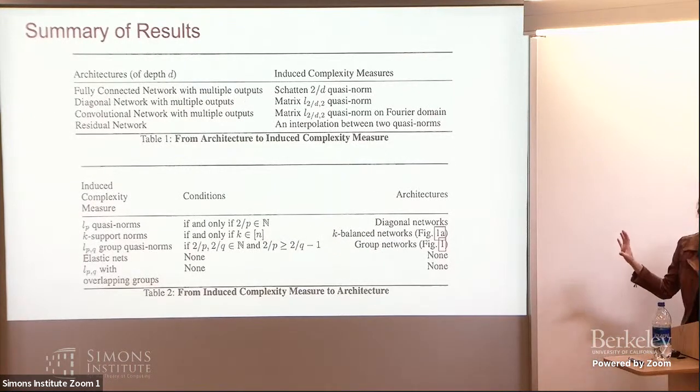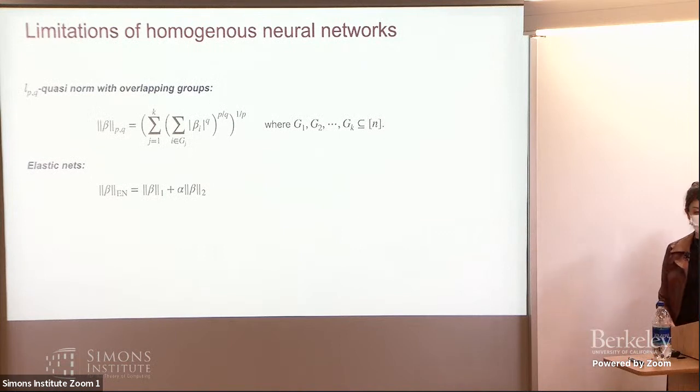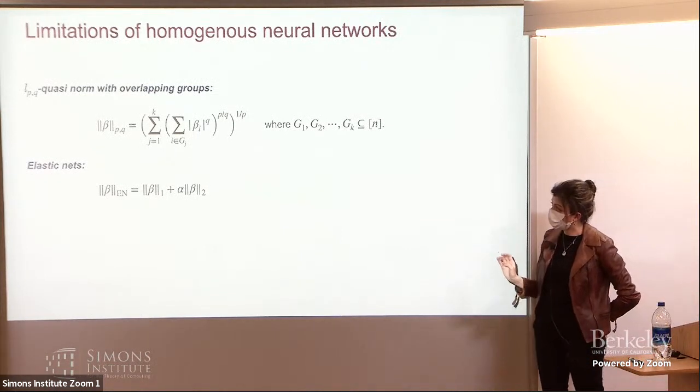So this is the brief summary of the results that I mentioned. But we had some observations about the limitations of homogeneous neural networks, not only linear but homogeneous neural networks.